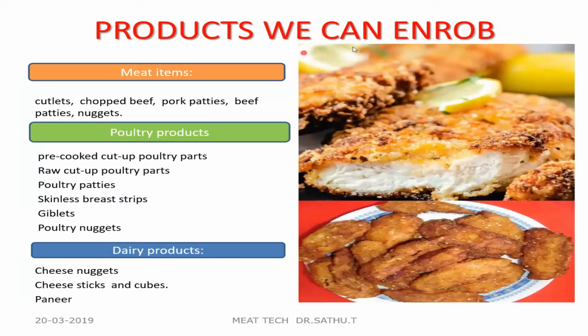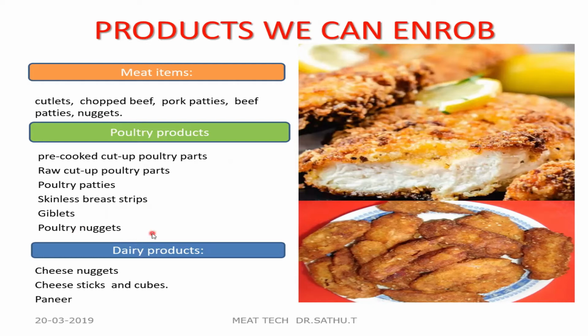What are the products we can enrobe? In the meat items, we can see the cutlets can be enrobed, chopped beef, pork patties, beef patties, nuggets. All these products can be enrobed. In particular, if you come to the poultry products, we can enrobe pre-cooked cut up poultry parts, raw cut up poultry parts, poultry patties, skinless breast strips, giblets, poultry nuggets.